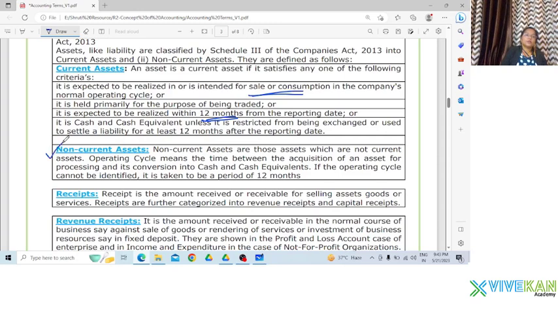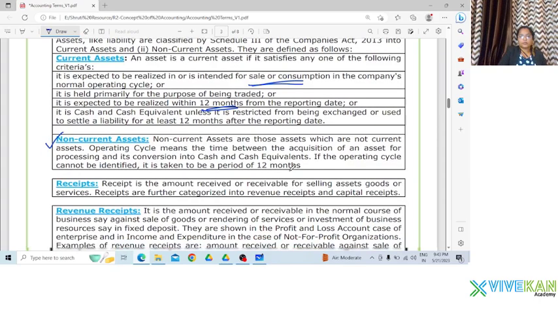Similarly, non-current assets are those assets which are not current, meaning of course they are not for sale in the regular course of business.